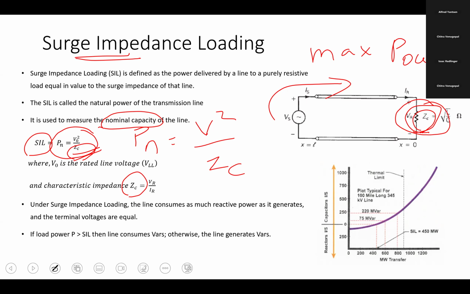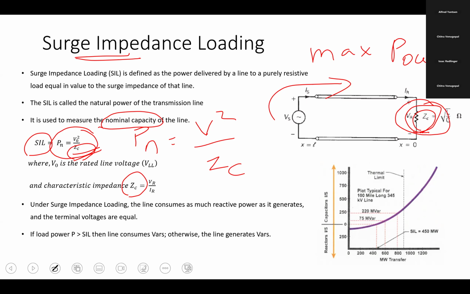It can make the current lag, but it cannot store power. We are assuming a lossless line, R equal to 0, so power cannot be stored in resistance because there is no resistance. It's only inductance, and pure inductance cannot store power. So all the power sent out from the source is reaching the load.